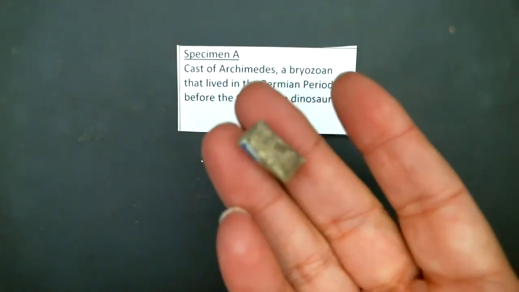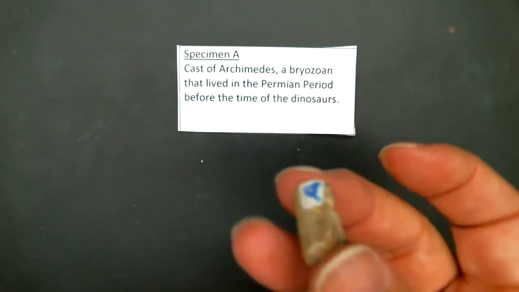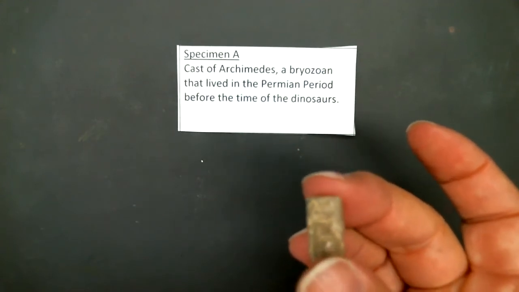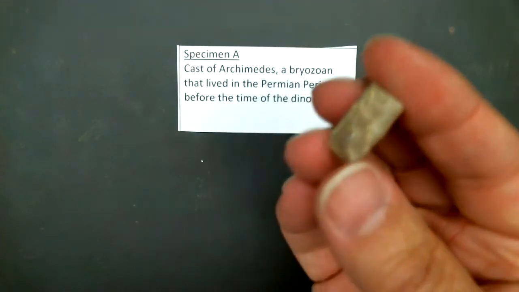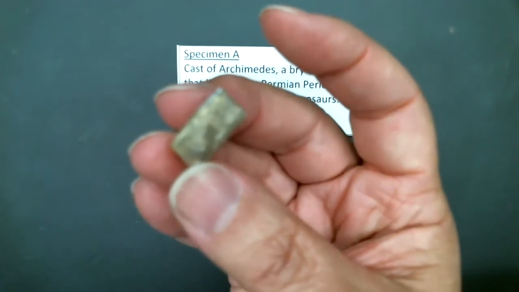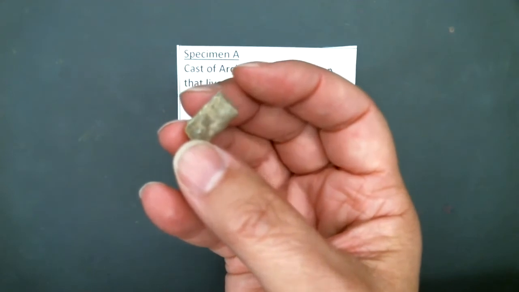So this is a cast of Archimedes. This is actually just part of it. It's part of a stem that was much longer. So I'm trying to get this so you can see some features, but my camera's not focusing real well.